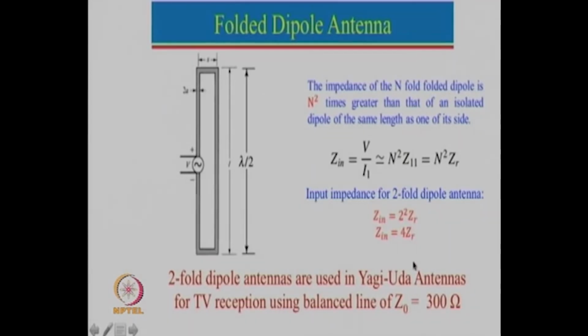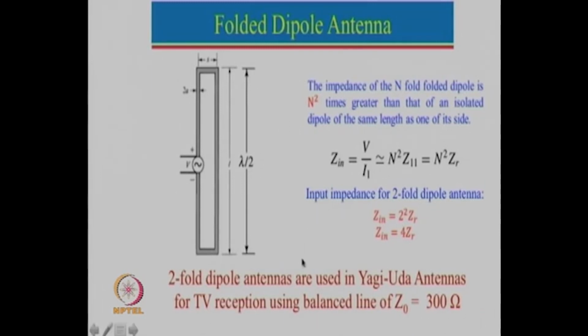Now earlier, the application where this particular concept was being used was the Yagi-Uda antenna. A Yagi-Uda antenna basically has a folded dipole antenna, then it has a reflector behind this, and it has multiple directors in this particular direction.